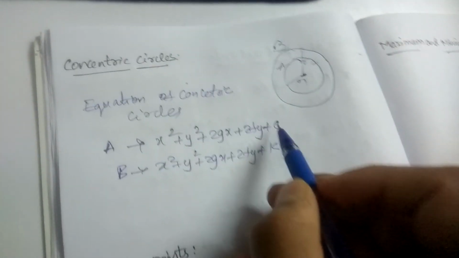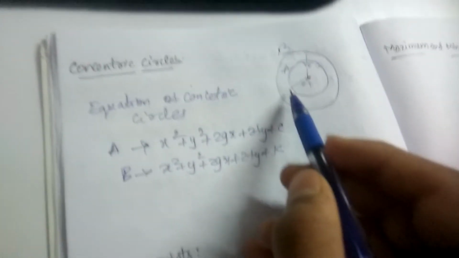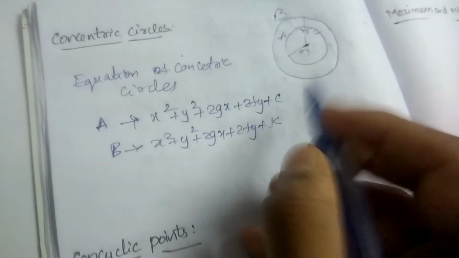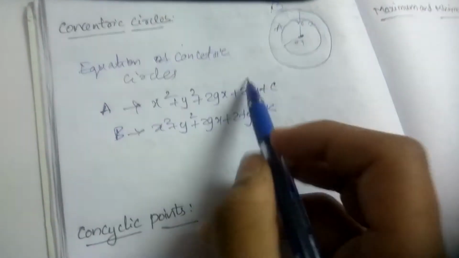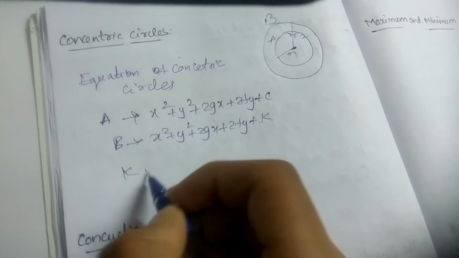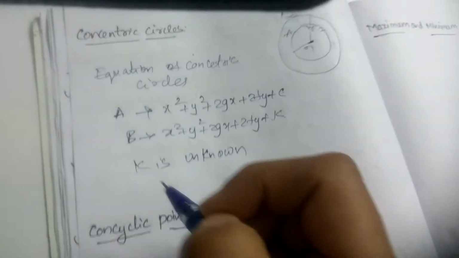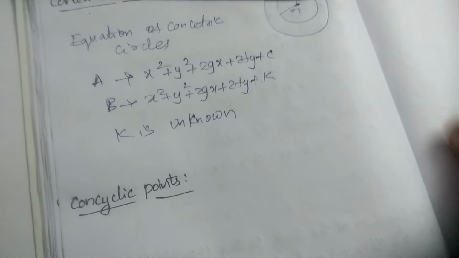The difference between them is only the constant, because the change between them is only the radius. So only the constant changes, and k is unknown. It could be any constant, but if you calculate the radius you could find it easily.